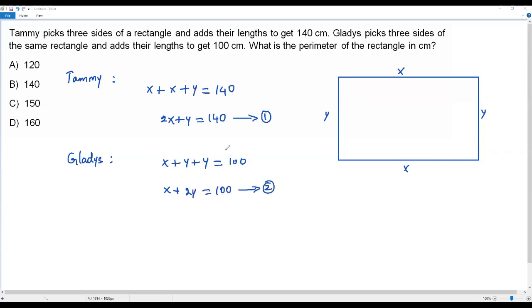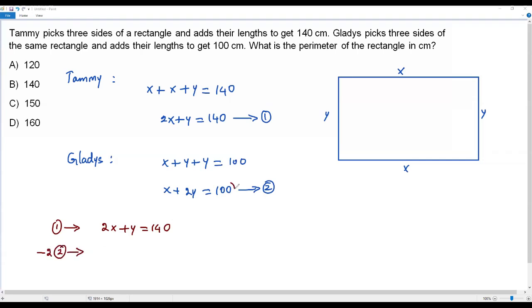Now I have to solve these two equations for x and y. For that, I'm going to write the first equation as it is, and I multiply both sides of the second equation by -2, so that I'll be able to eliminate the variable x, and I can solve for y. Let me take the first equation as it is: 2x + y = 140. Now I multiply the second equation by -2.